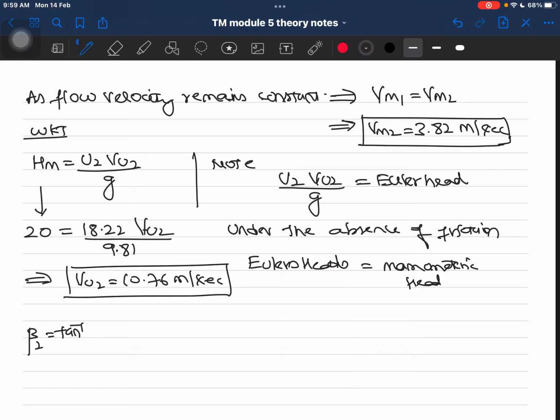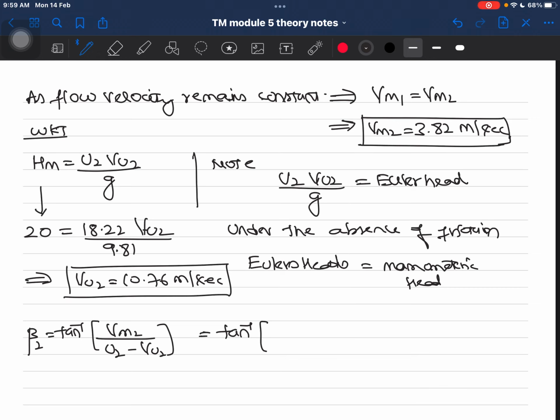Now I guess all three values are known in that particular equation, which says beta 2 is equal to tan inverse of Vm2 divided by U2 minus Vu2. All three parameters are known. Just substitute now.